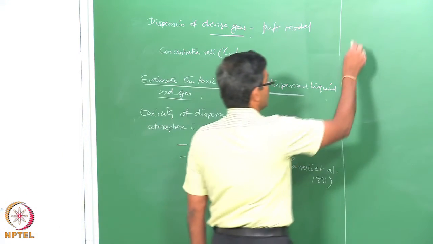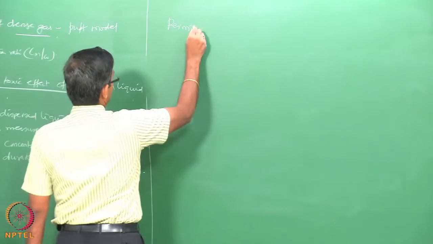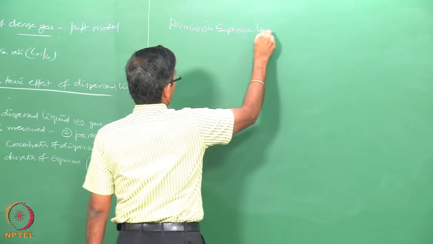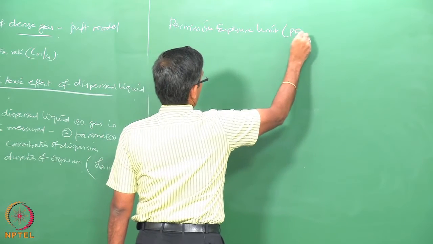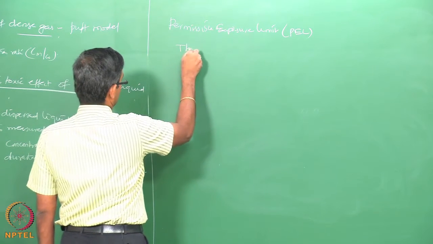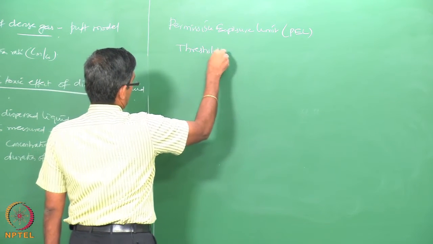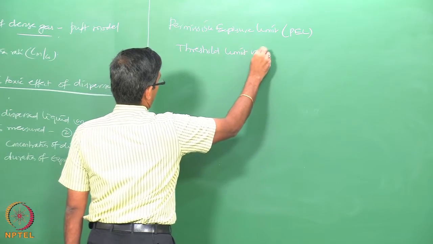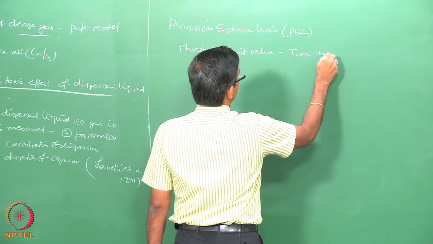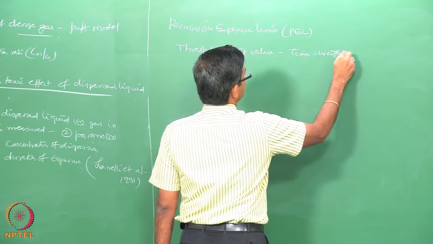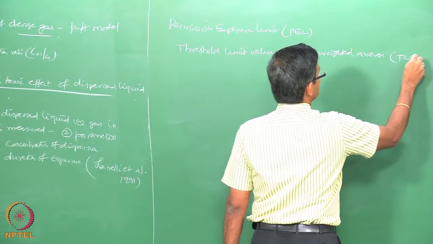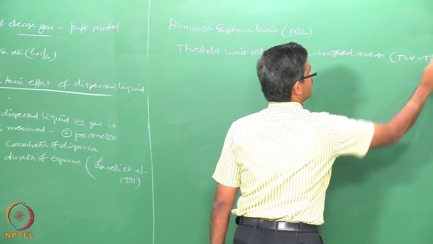That is called permissible exposure limit, which we call PL, or threshold limit value for time weighted average, which is called TLV TWA.